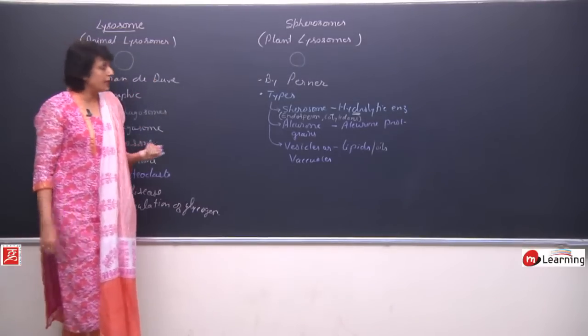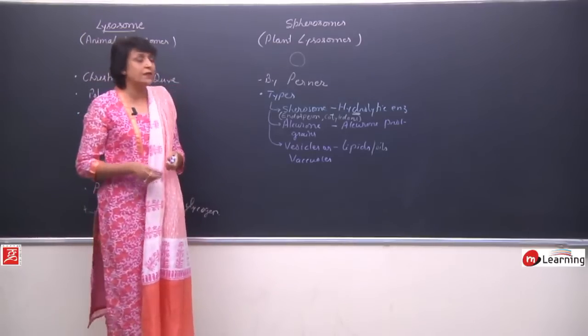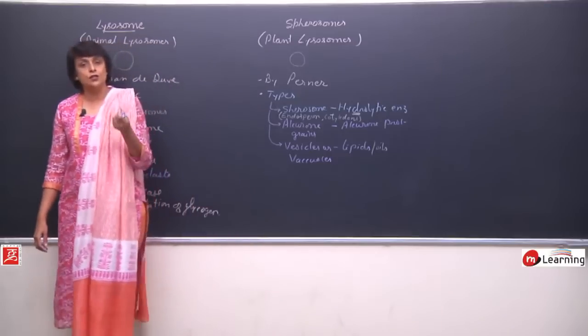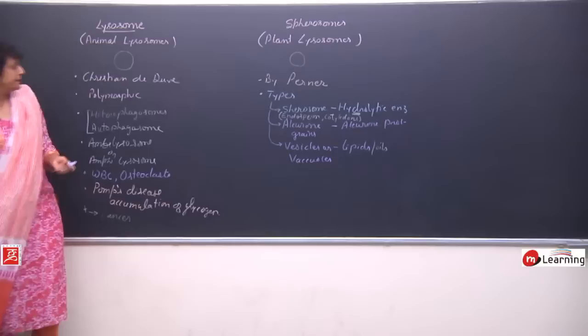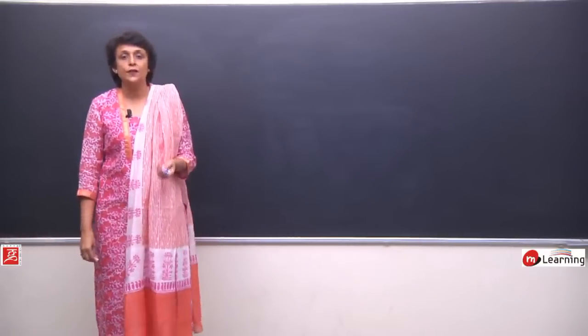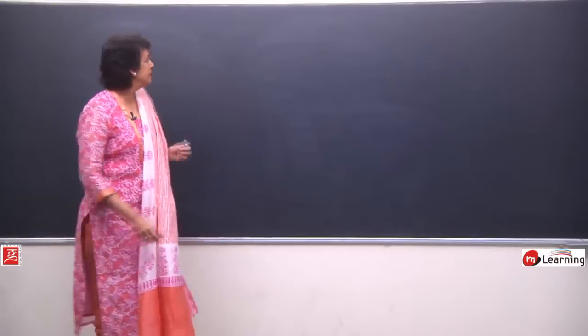Now let us take the endomembrane system. We have been talking about this endomembrane system in almost all the organelles so far. So let us see which structures make this endomembrane system. The endomembrane system comprises of the plasma membrane and organelles which are with membranes.